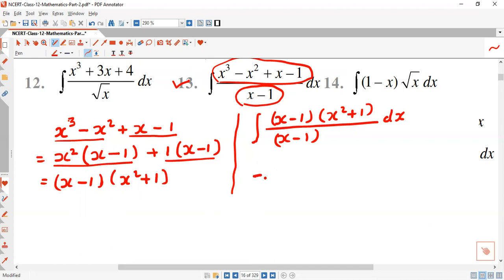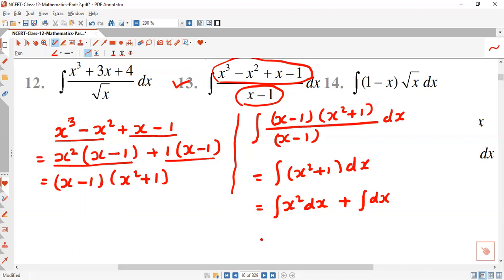So this integration can be written as the integral of x square plus 1 dx. Now we separate this: integration of x square dx plus integration of dx. You know, the integral of x square dx comes out as x cube by 3 plus x plus some constant c.